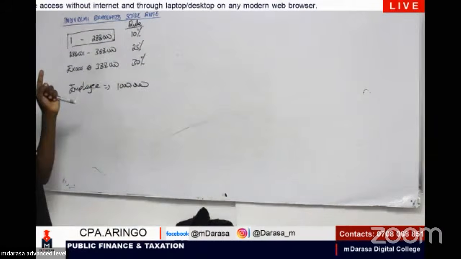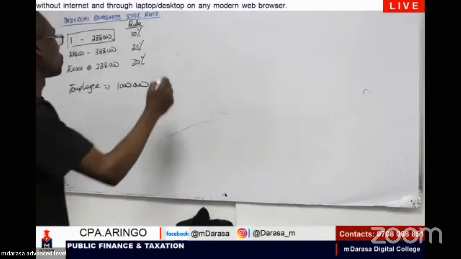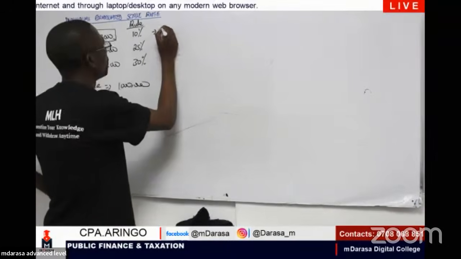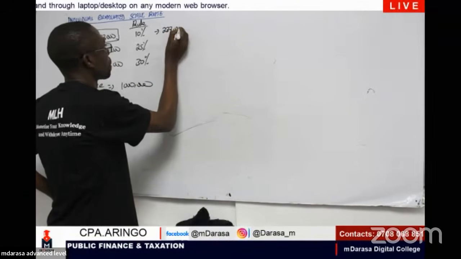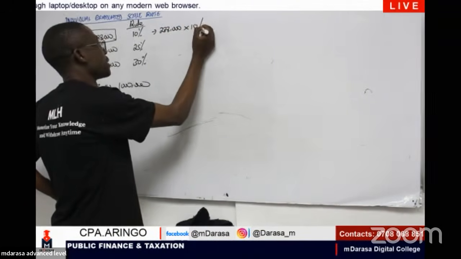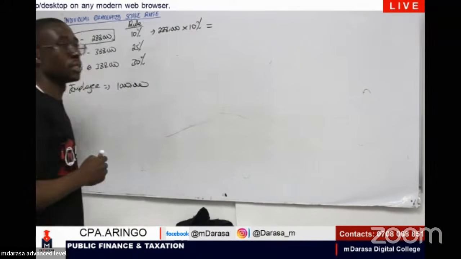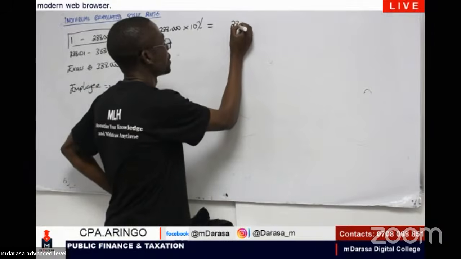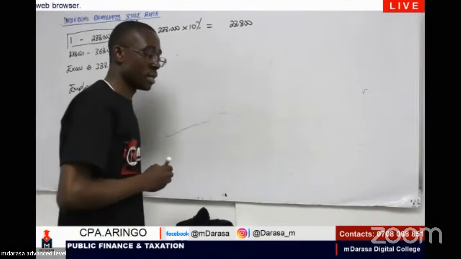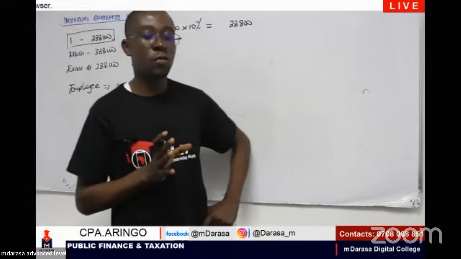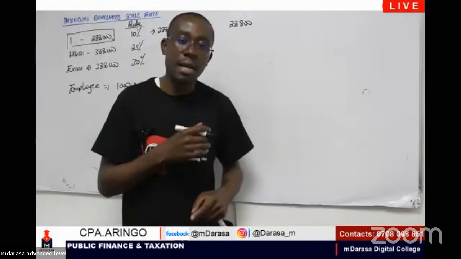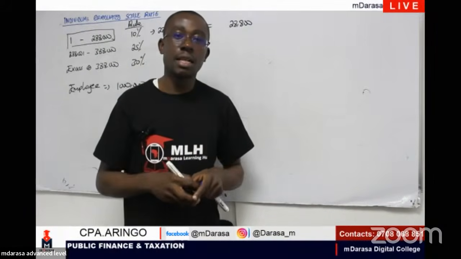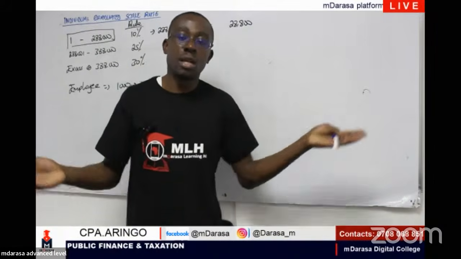So what are we going to do? We are going to have 288,000 times 10% to give us what? 28,800.